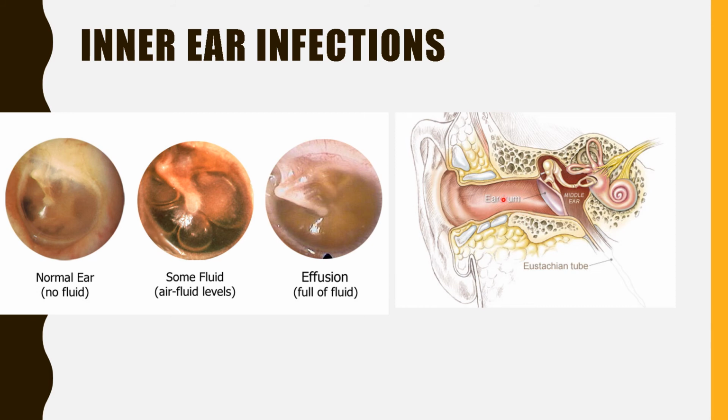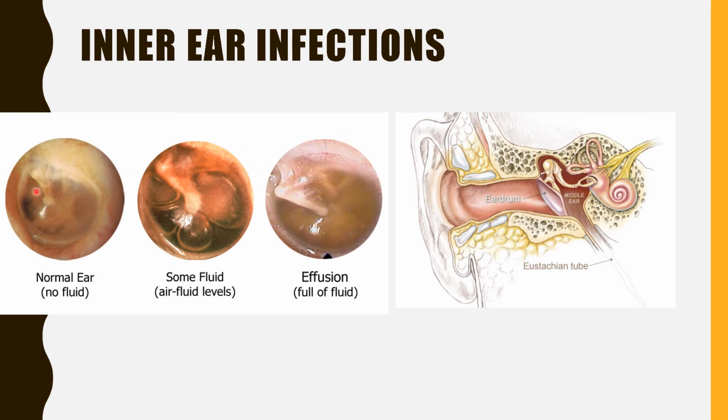So in inner ear infection, this image is actually of the eardrum. You can see the eardrum. In a normal ear there is no fluid, but in case there is some air fluid, you can see some air bubbles here, and effusion full of fluid. You can see this is normal and these two are abnormal structures of the eardrum.